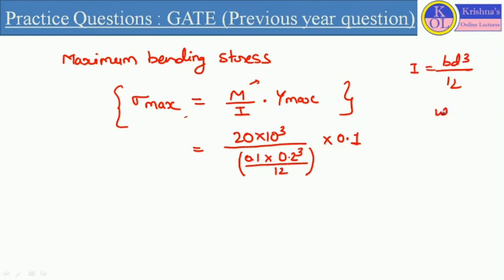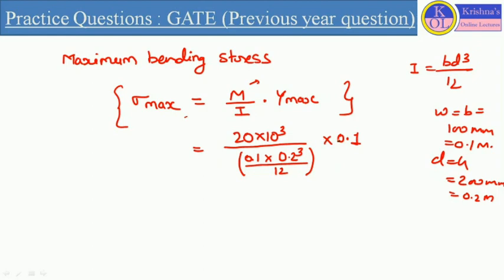Here the width B is 100 mm, so we will convert this into 0.1 meter, and the depth or height is 200 mm, so it will be 0.2 meter. So BD cube by 12 is representing the value of I.